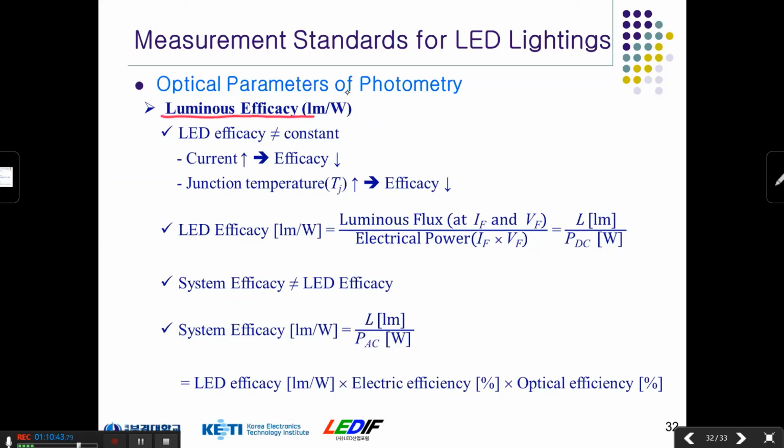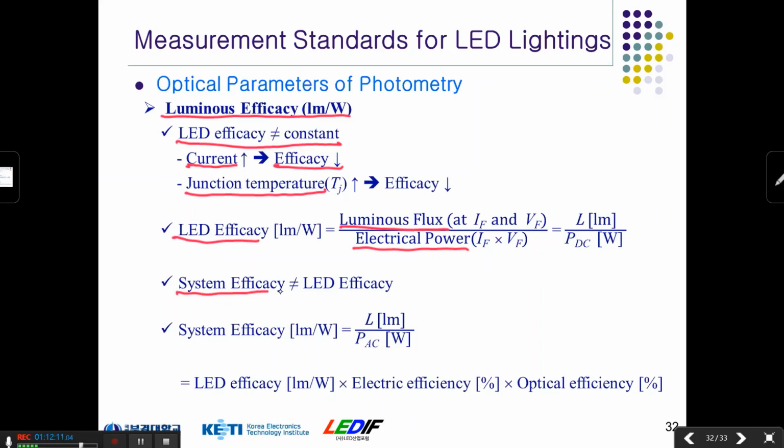Luminous efficacy is in the unit of lumen per watt. LED efficacy is not constant. As current and junction temperature increase, the efficacy decreases. LED efficacy is determined by luminous flux over electrical power.